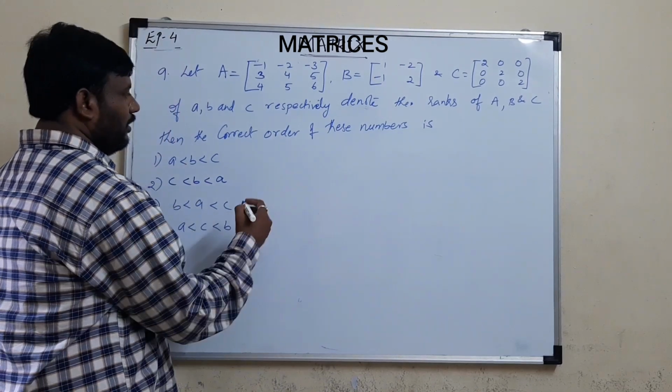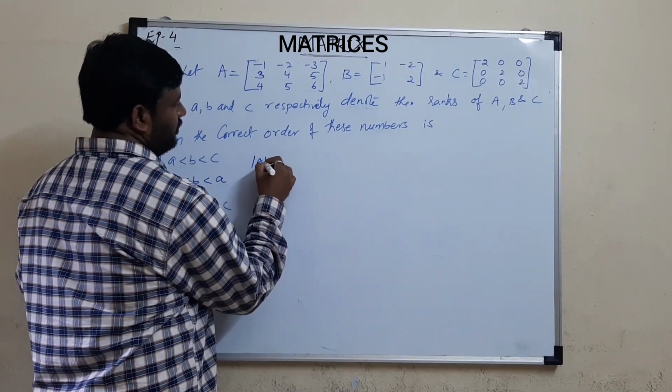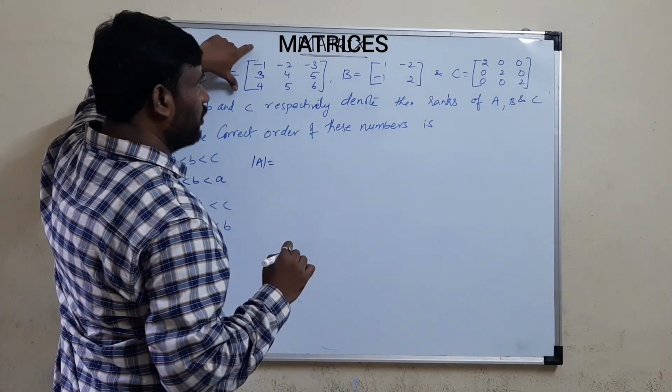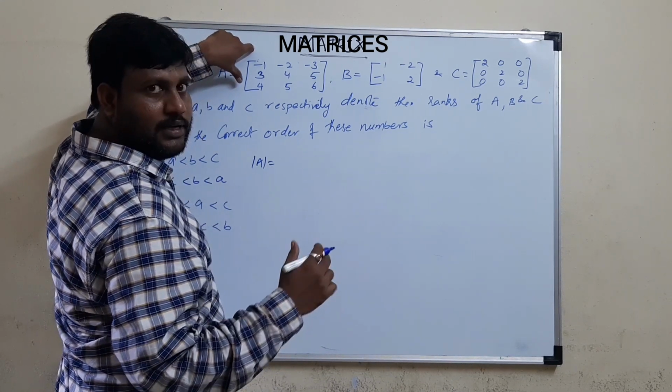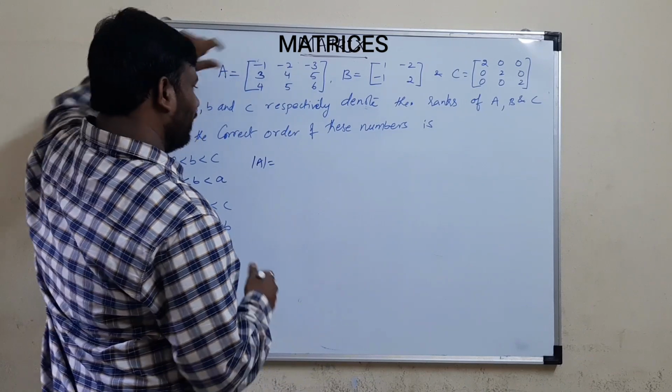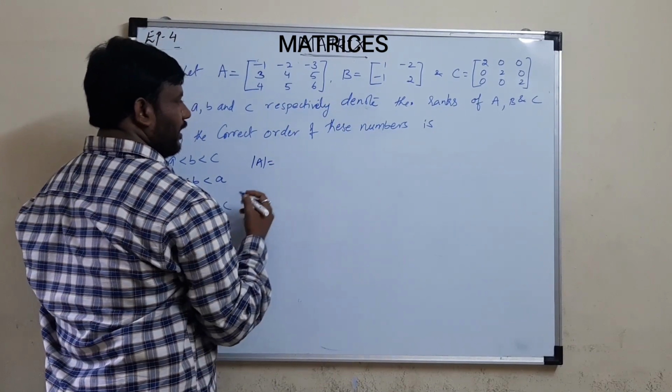So I find the determinant directly for this. Clearly this is 3 by 3, so we can go for finding the determinant. If you get non-singular or singular, you can decide the rank later.